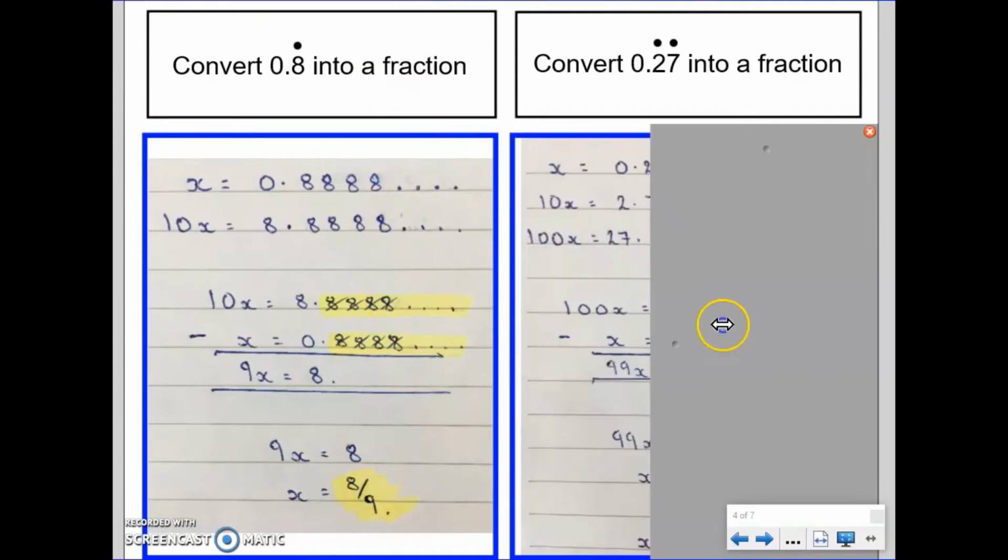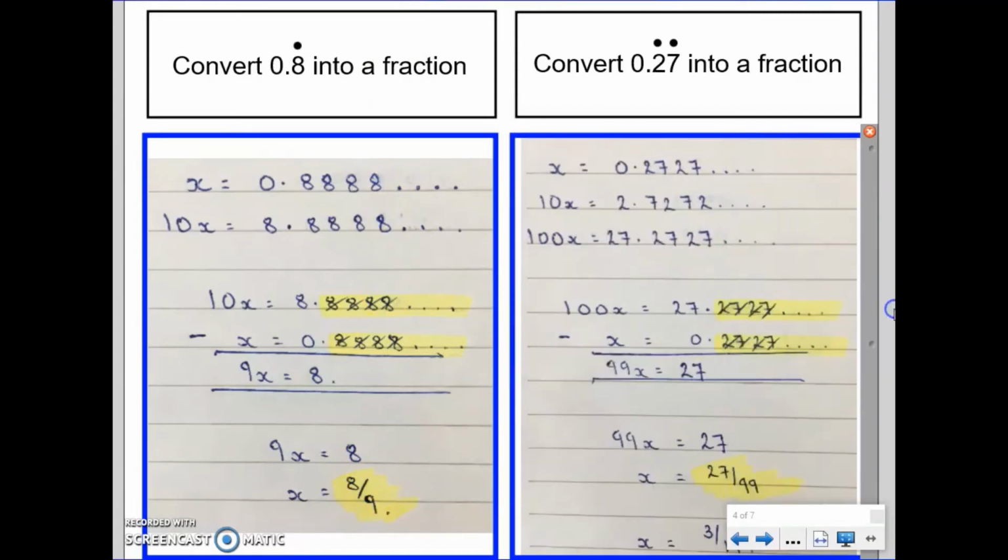My working out for 0.27 recurring. So this time x is 0.272727 and so on. I have a little look at 10x, 2.7272. But this time the decimals do not line up. They're not in the correct order. They're not matching. So then I went ahead and had a look at 100x, 27.2727 and so on.